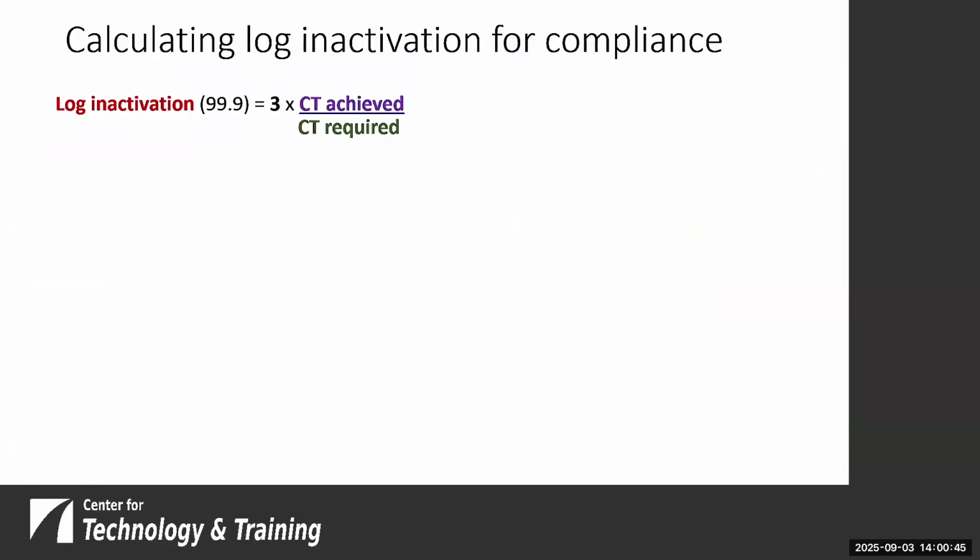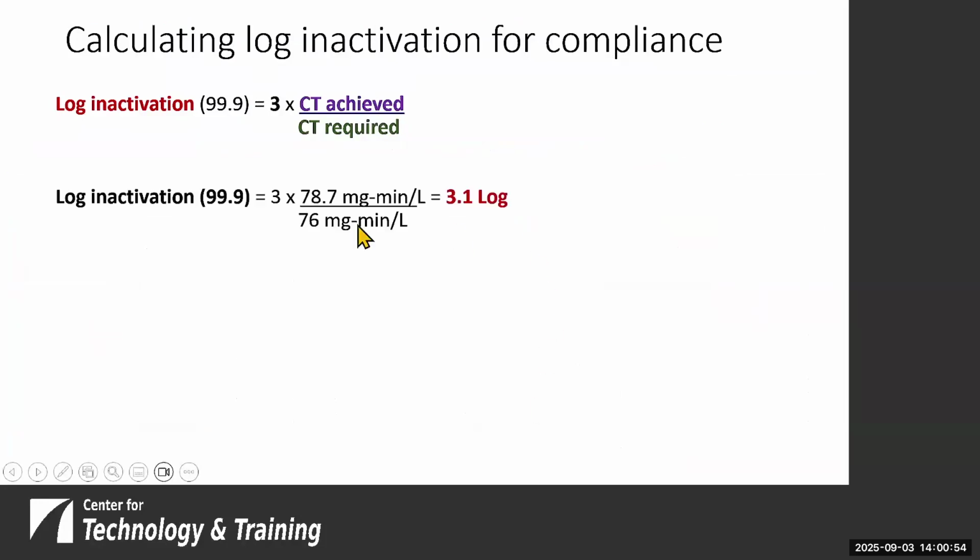So if we want to actually go into the log inactivation and see the actual, we know we met it, but how does that compare to the 3? So our log inactivation is 3 times the CT achieved, divided by the CT required. In this case, we achieved 78.7. We were required to get 76.